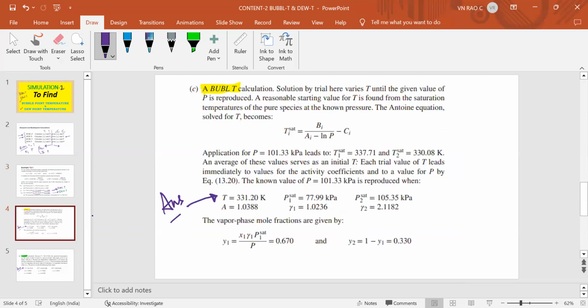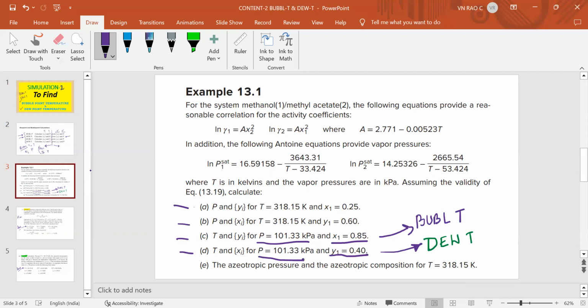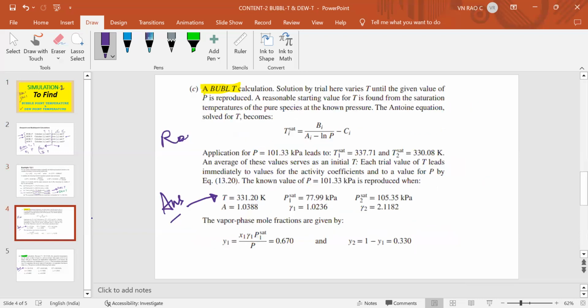As per the answers, the model used here is, since gamma is there, definitely modified Raoult's law. So when we come to simulation, we need to judge properly what we have to use.